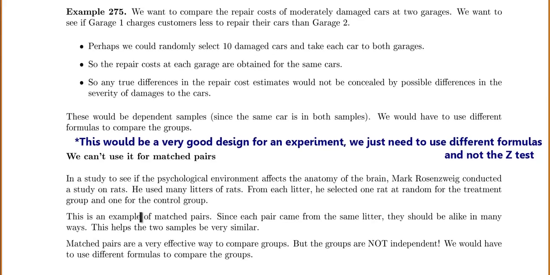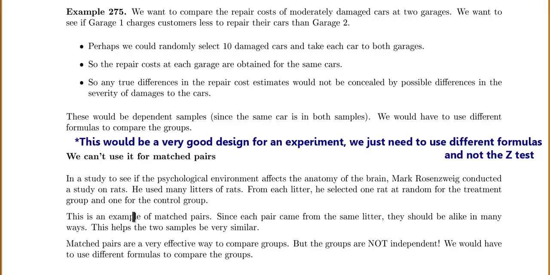So matched pairs is something where, like in our first example, we sent the same car to both garages. If there's something where you can't actually do both treatments to the same person, then you can do what we call matched pairs. So in this study, we want to see if the psychological environment affects the anatomy of the brain. And so Mark conducted a study on rats. He used many litters of rats. From each litter, he selected one rat at random for the treatment group and one for the control group.